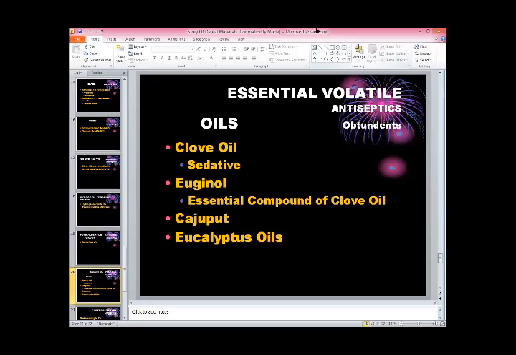Tannic acid also relieves pain. We can't say that it is a strong obtundant, but we can use it. But it coagulates the area, and it is a very good astringent. It gives us a hard layer. But if we make a hard layer over an infection or carious area, again there is a chance that there will be dissolution beneath that hard layer.